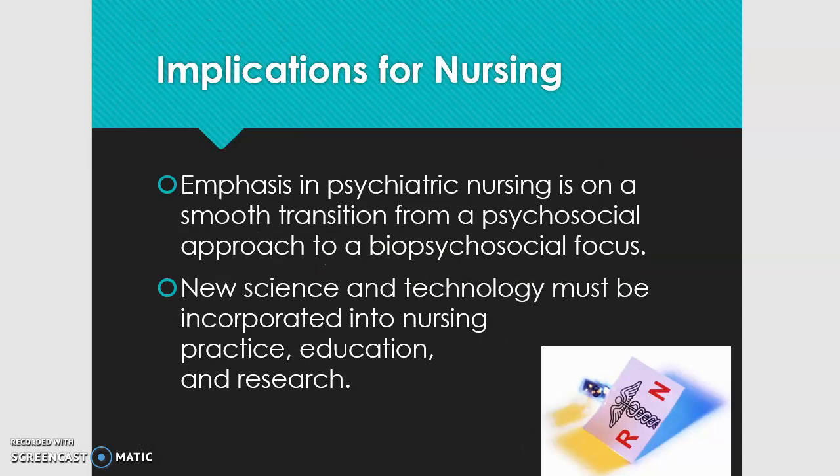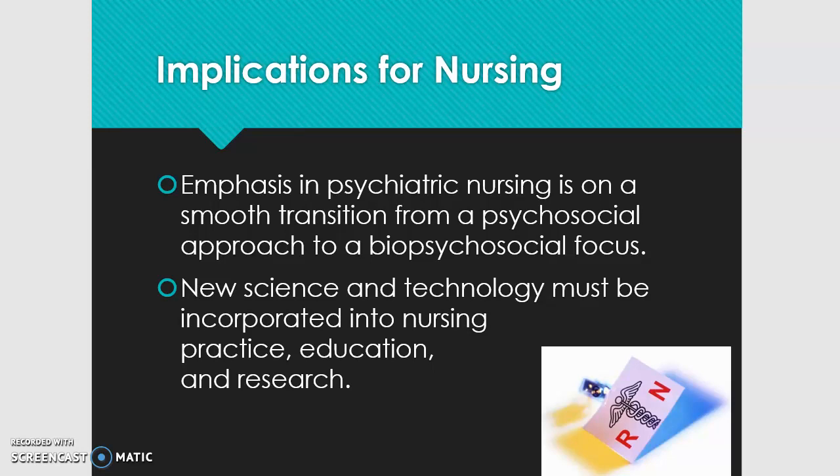All right, and some of the implications for nursing. Again, we want to be able to help the patient have the best outcomes and be safe and be able to manage their stress to the best of their ability. So, we're going to be trying to use both meds and their social world in the milieu to be able to develop their own coping mechanisms and be able to help them transition to be home.